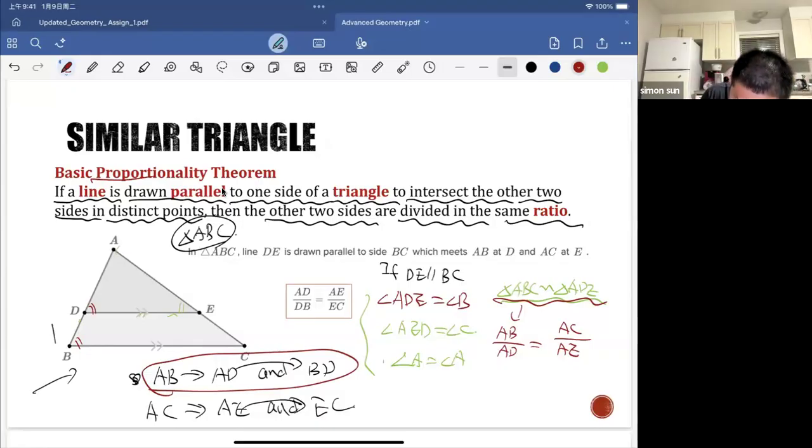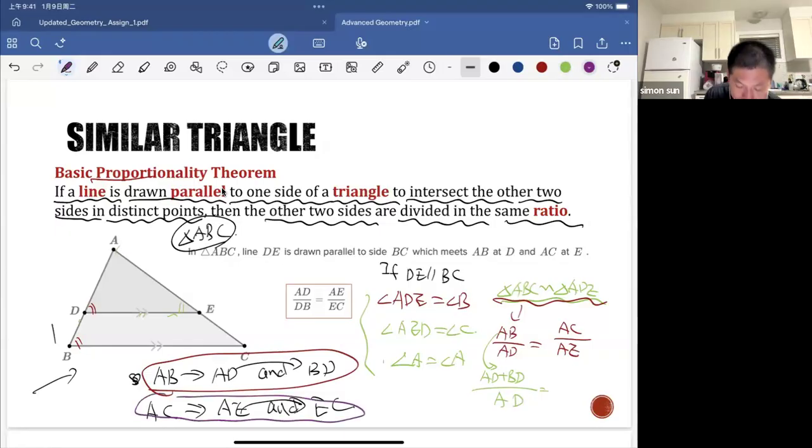So let's use AD plus BD to represent AB, over AD. And for AC, we separate it into AE and EC. So let's rewrite AC as AE plus EC, over AE.